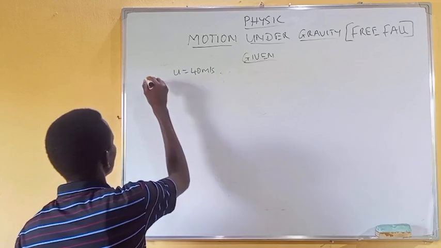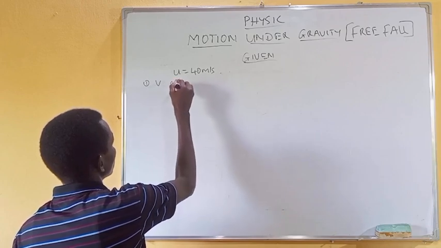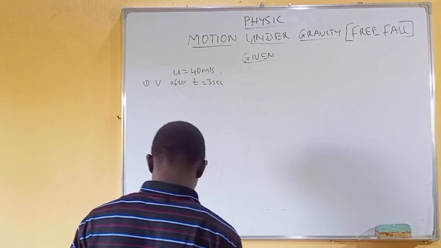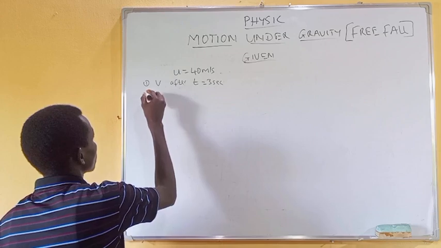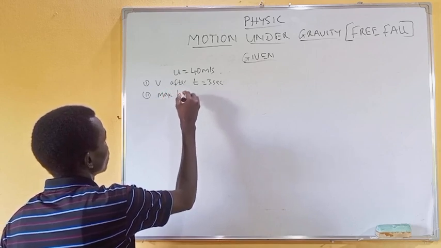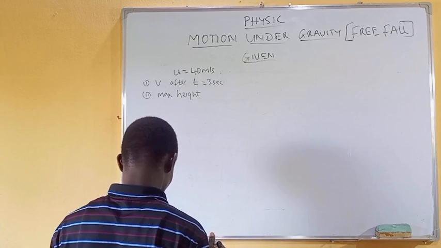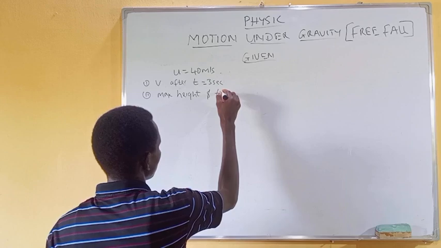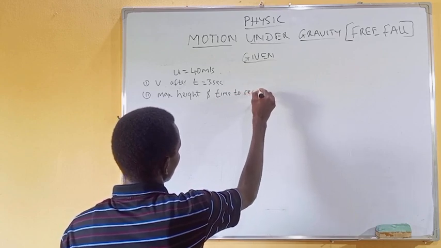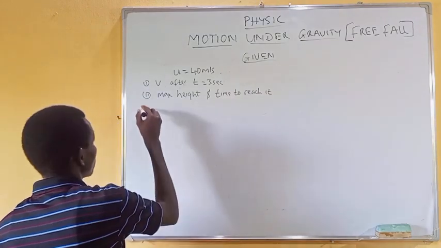Find 1: its velocity after time 3 seconds. 2: the maximum height attained and time to reach it. 3.